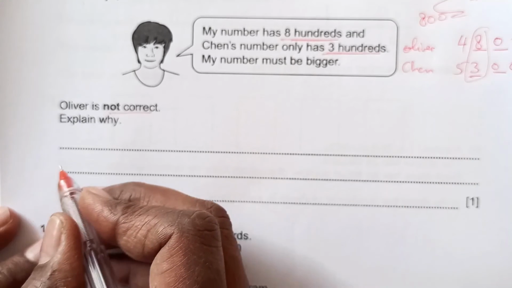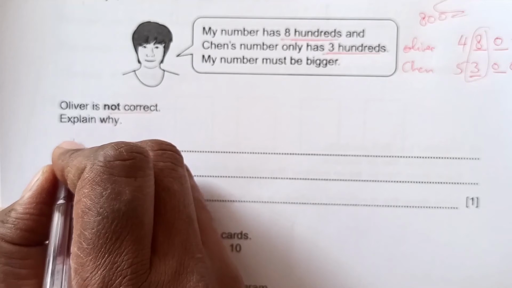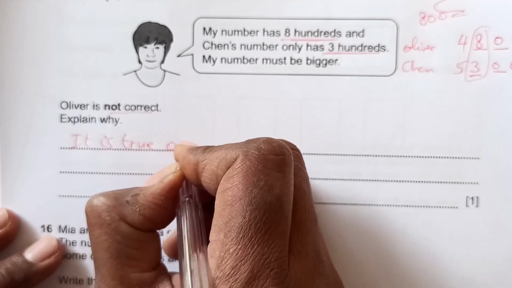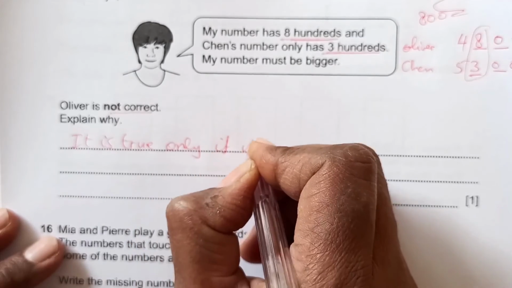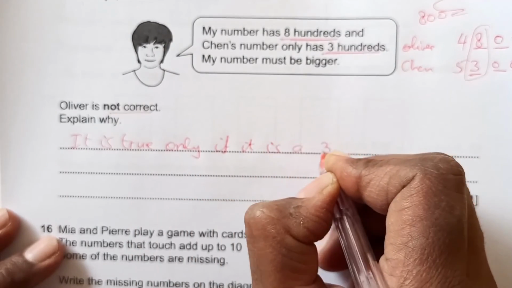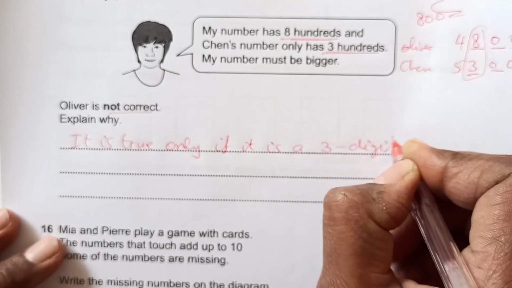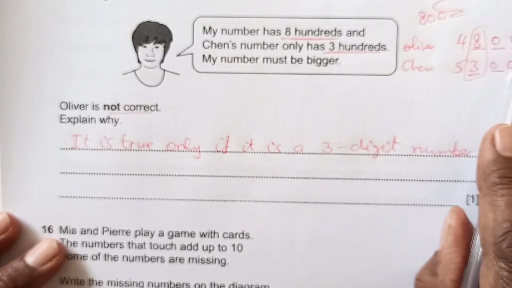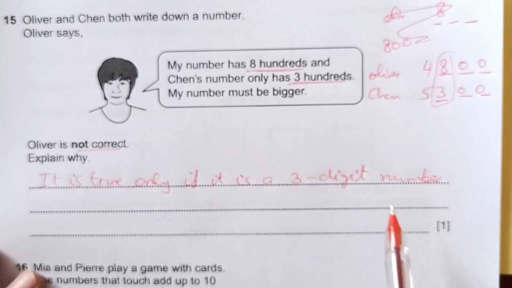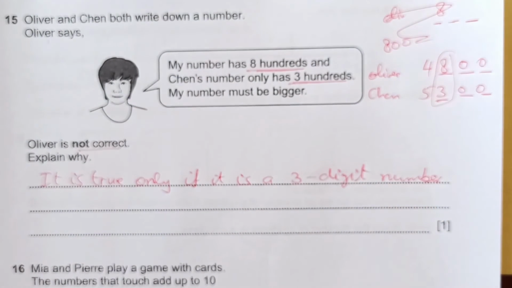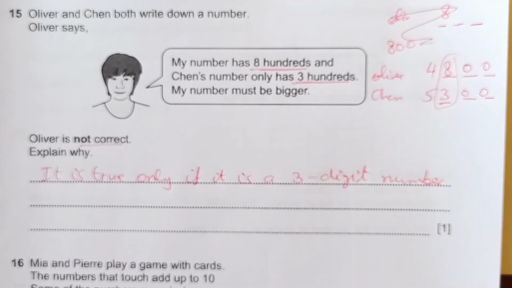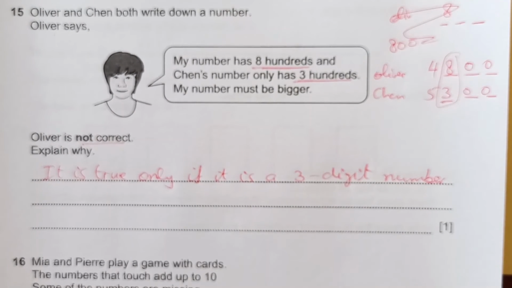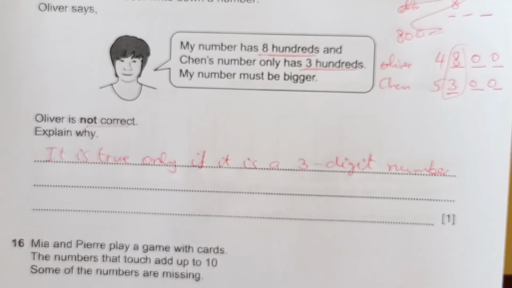So it is true only if it is a 3-digit number, right? If it's just a 3-digit number, then it will be correct. But it is not specified whether this is going to be a 3-digit number or not. So it may not be correct. Okay.